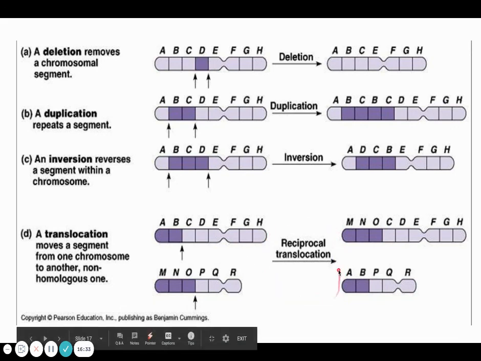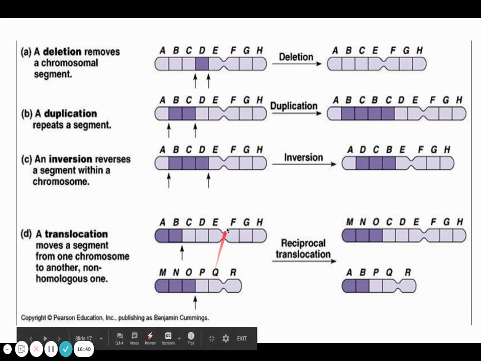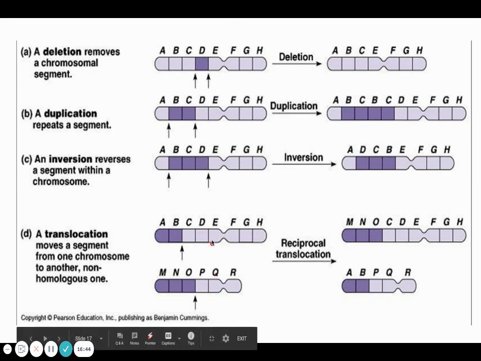I'll talk about it right now because the picture's up. So a translocation. So these are non-homologous chromosomes. So these are not chromosome number 1 and chromosome number 1. This could be like chromosome number 1 and chromosome number 7, let's say. So what happens is a piece of chromosome number 1 and a piece of chromosome number 7 break, and they swap.